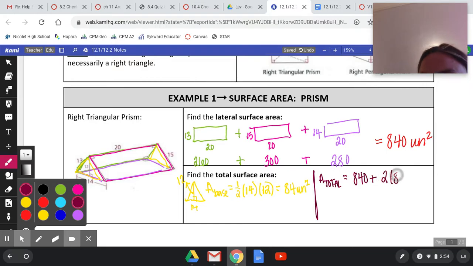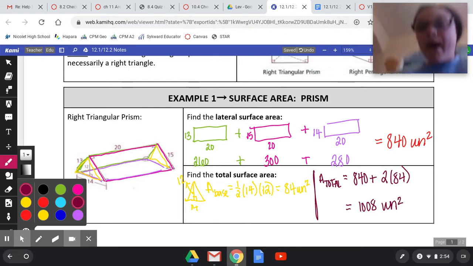So 2 times 84, because I have two of those triangular bases. So 840 plus 2 times 84 gives me 1,008 square units. So my lateral surface area in this case is 840. My total surface area is 1,008 square units.